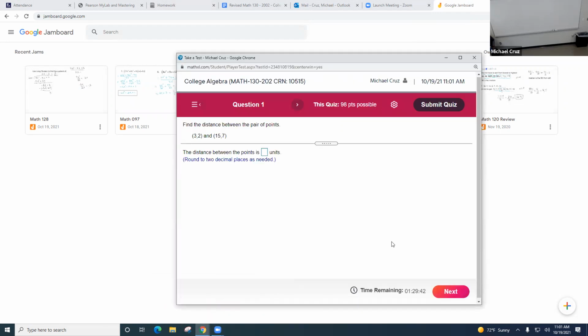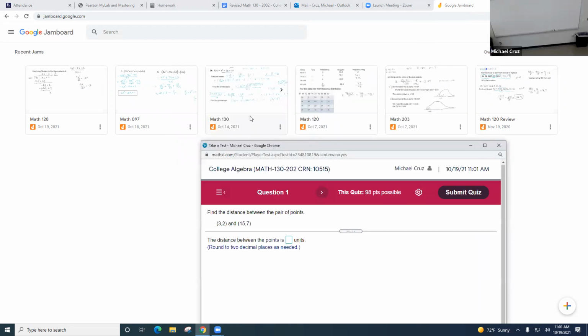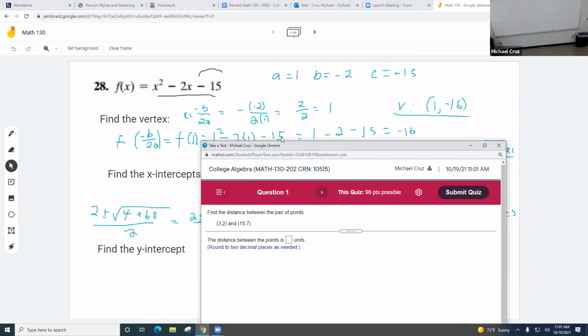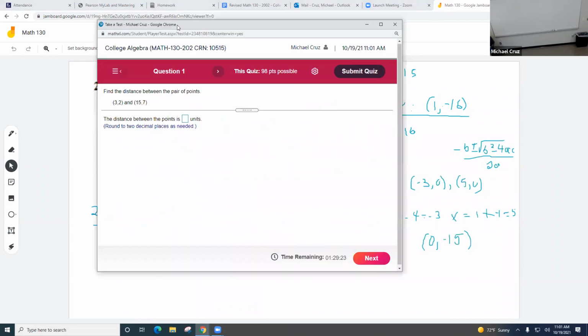All right, this was the first thing that we looked at. Can you see that? The distance? Yes. That was the first thing we did. I'll leave it up to you whether you want me to go through that. That's where you just use the Pythagorean theorem, basically the square root of.